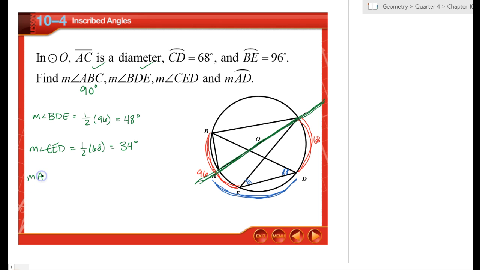So the measurement of AD is going to be 180 minus CD, which is 68, which is 112. So that's that problem there, using inscribed angles, and for AD, realizing that it's part of a semicircle arc.